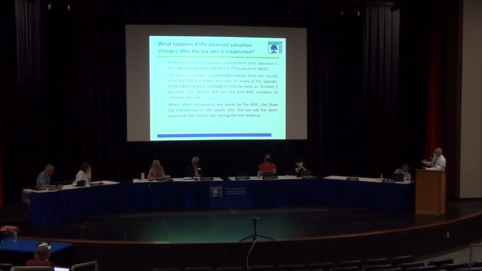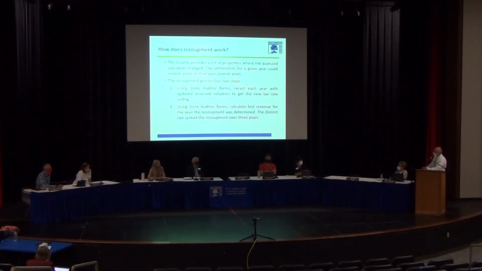If there's a subsequent ruling made in past years, we're able to recoup the lost revenue based on the fact that we set it with values that were set prior to the adjustment by the State Tax Commission. I will say that our recoupment rate is also going down because we're seeing fewer appeals, number one. And number two, the State Tax Commission has really improved their process for hearing these appeals in a timely manner. So you'll see that our recoupment rate over the past couple of years is also coming down.